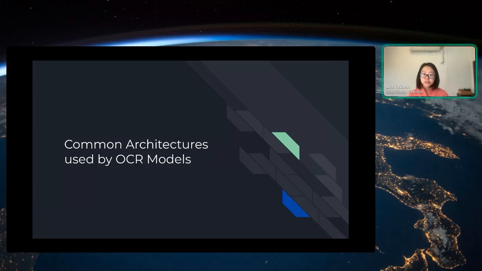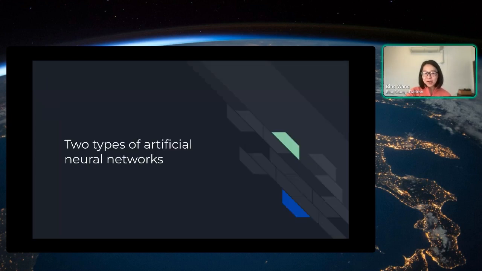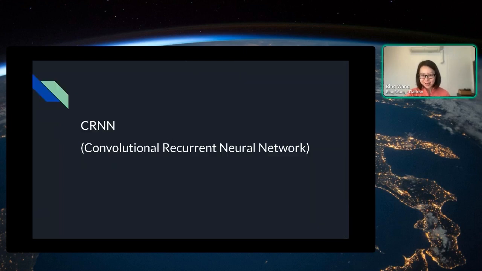So when it comes to the common architecture used to train these OCR models, a lot of them use an architecture called CRNN, which stands for Convolutional Recurrent Neural Network. I'm not a machine learning expert, but I will give you a big picture introduction of what CRNN is.